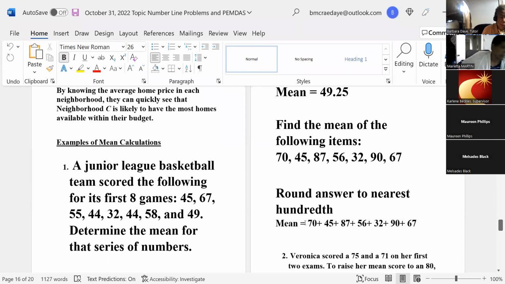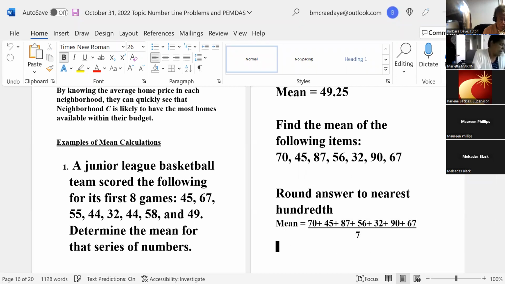And then I divide 445 by 7. And we divide it by what? 7, because there are 7 items, right? So what did you get, Marietta?